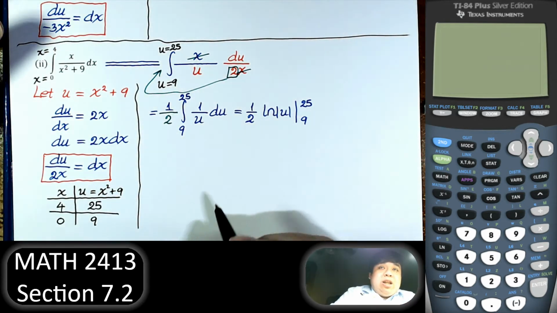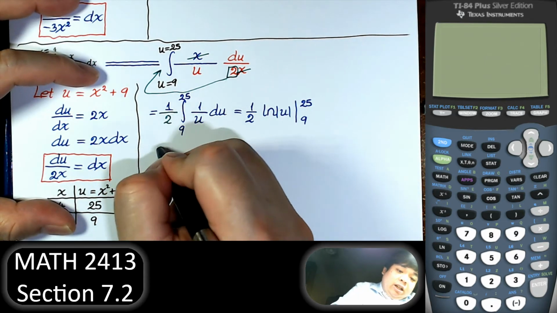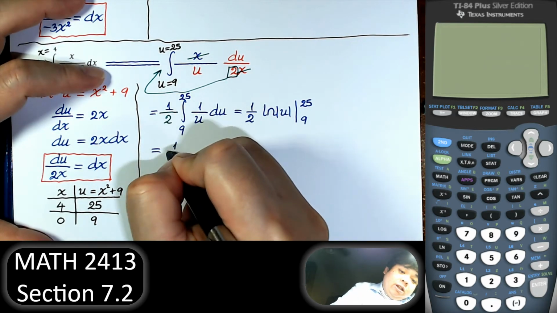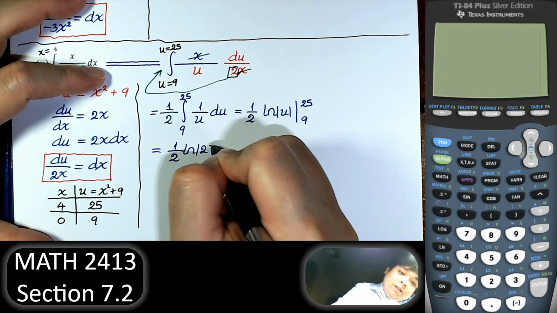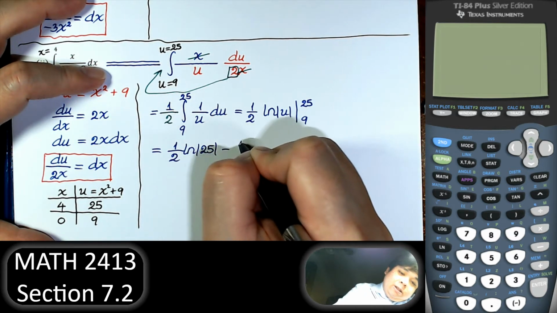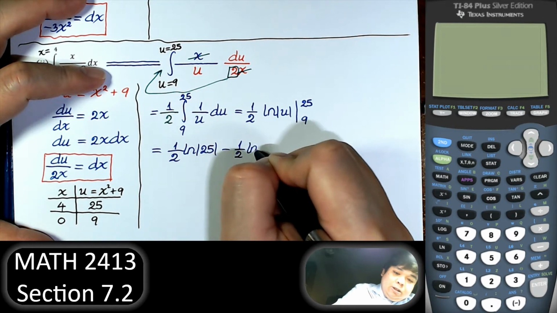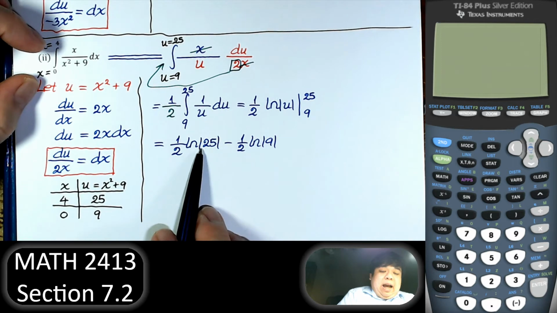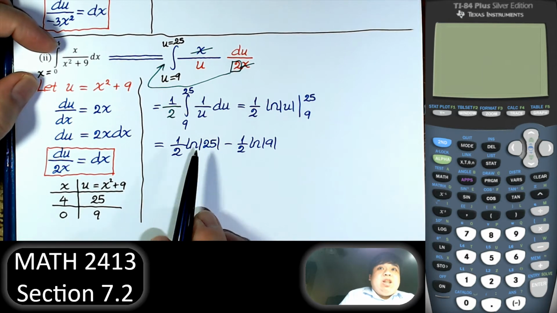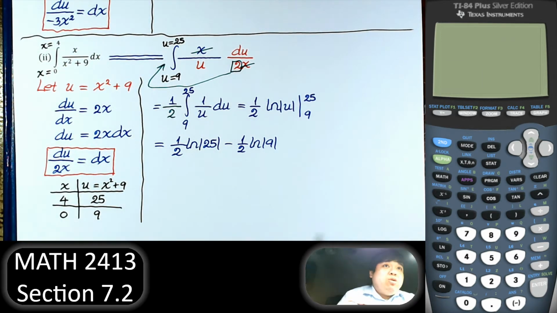Right. The rest is easy. Put 25 in and put 9 in and subtract. That is the fundamental theorem of calculus. Now, ln of absolute value of 25 is still 25. So this is where we know it's positive. We just drop the absolute values.